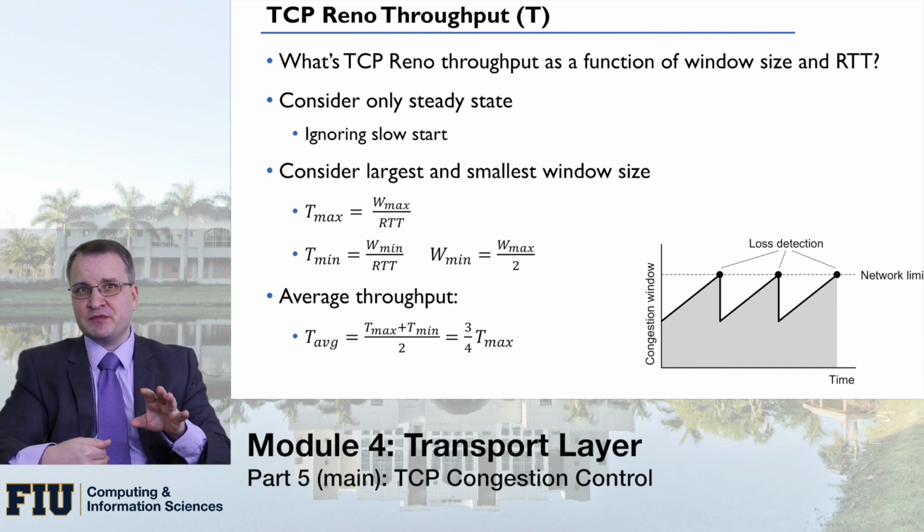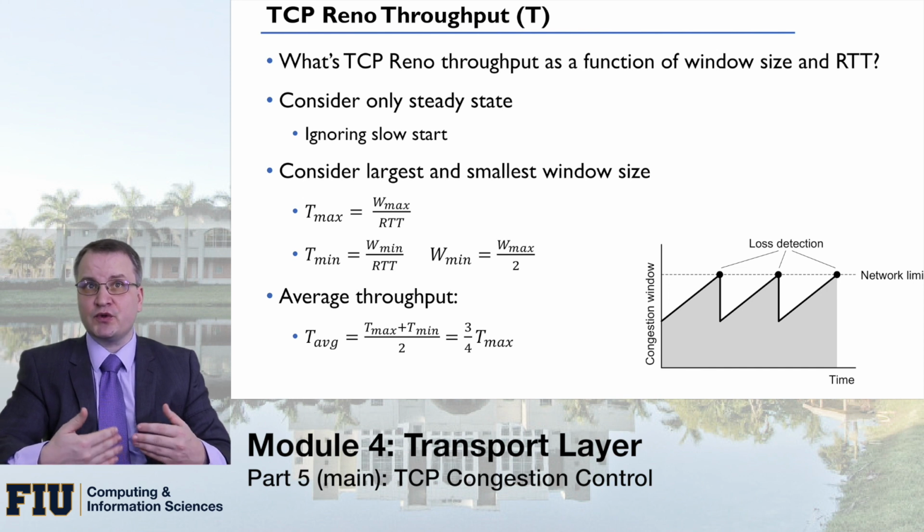It may not necessarily be the exact formula here, but if you assume the congestion window approximates the goodput or throughput for TCP, then you can get to the formula stating that the theoretical throughput that TCP Reno can have is actually 3/4 of the maximum throughput of the network.